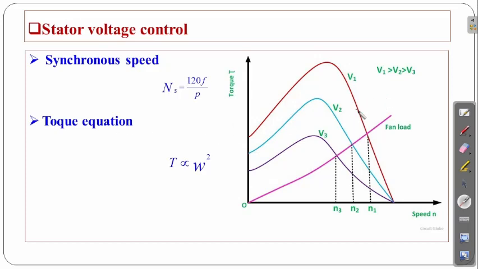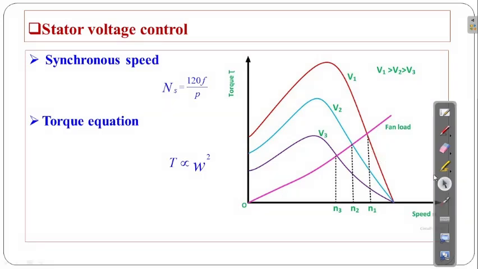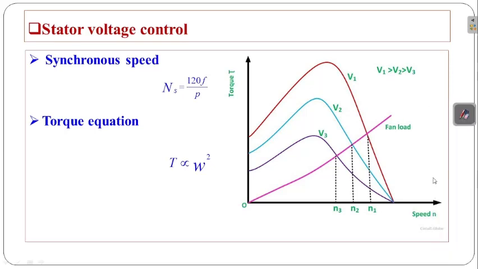Here this line is a fan load line, and these are voltages V1, V2, V3 with respect to speed.